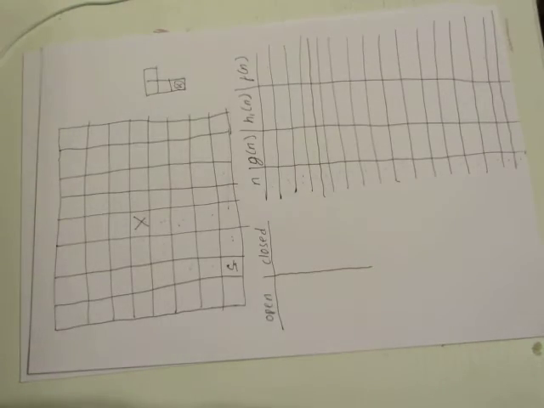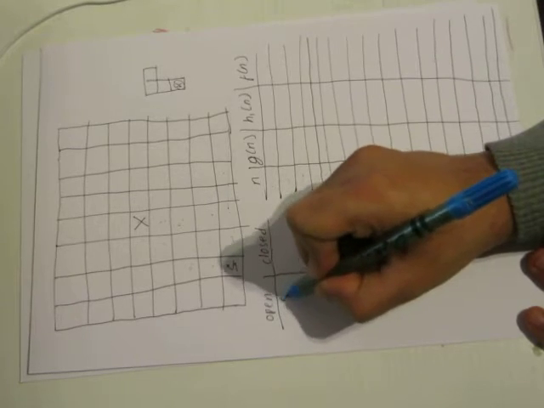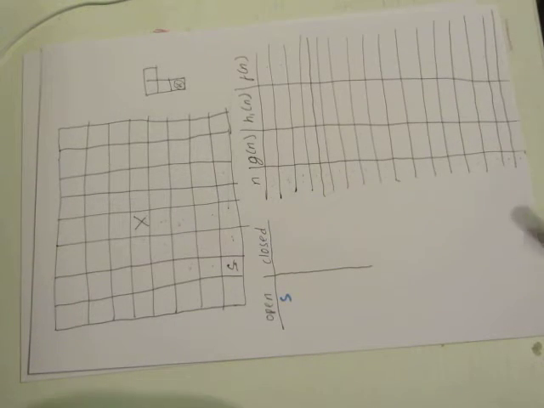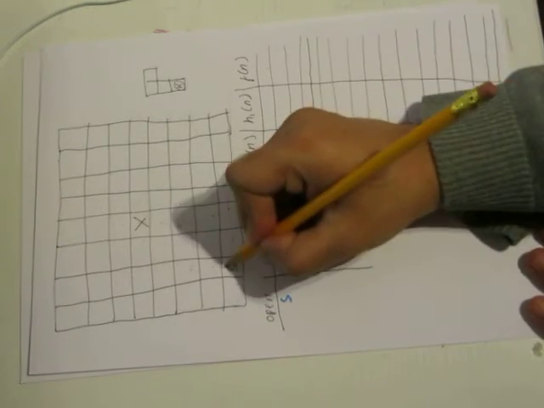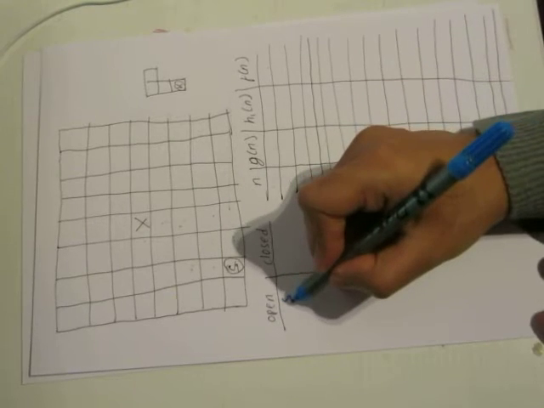Okay, let's begin. First we put s into the open list, and we go to s. Then we expand s and put s into the closed list.